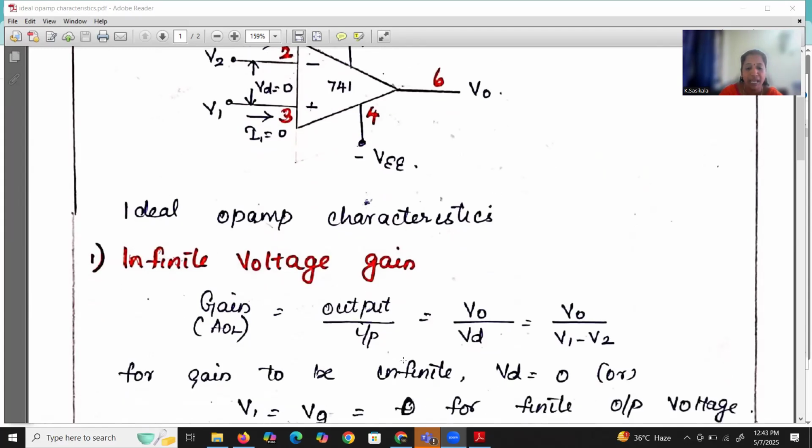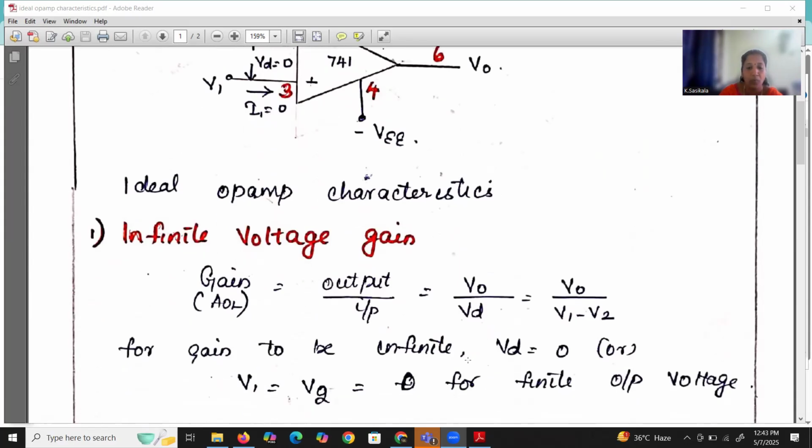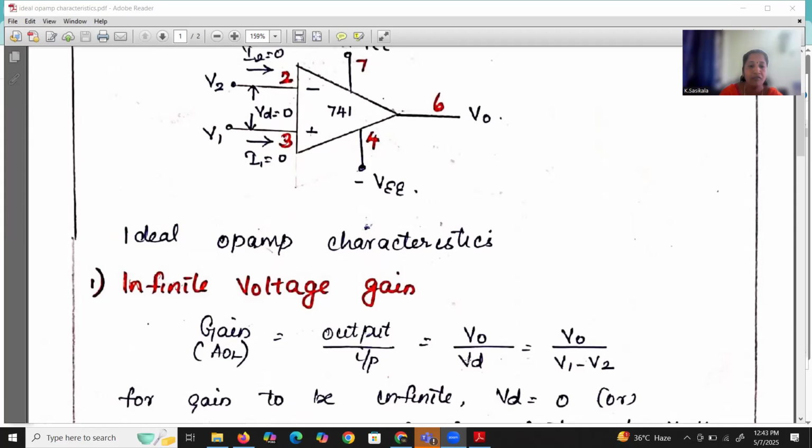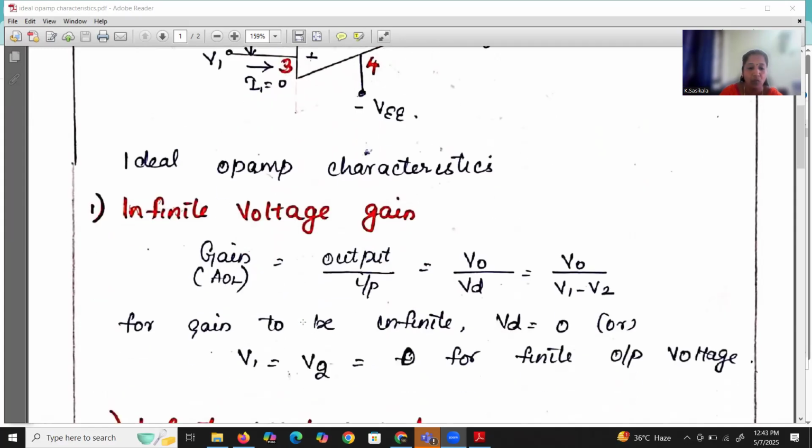Here the voltage gain is infinite, meaning that the denominator, V1 minus V2 or Vd, is equal to 0. So for infinite voltage gain, we conclude that Vd is equal to 0, or V1 minus V2 is equal to 0, or the voltage at the non-inverting terminal and the voltage at the inverting terminal are equal in case of infinite voltage gain.